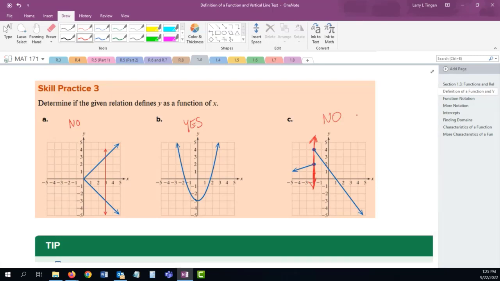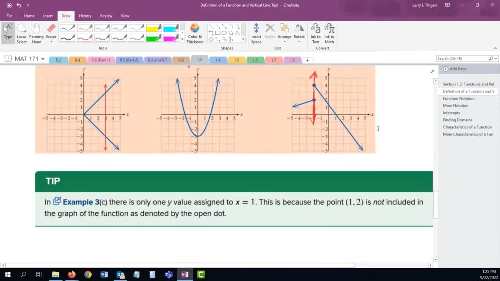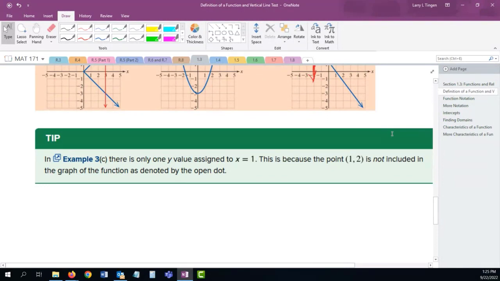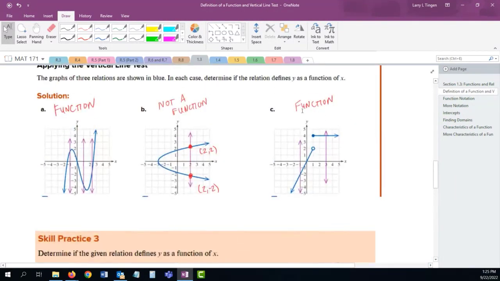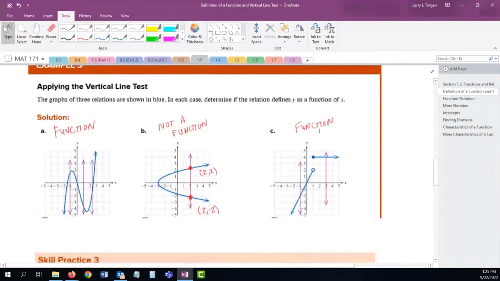All right. So vertical line test. That's all we're after here. Now, the tip down here at the bottom just drives home the point whenever I have that piecewise. Why is this a function and this not a function? It's because when that piecewise, the value of x where one ends and the other begins, one's an open circle, one's a closed circle.